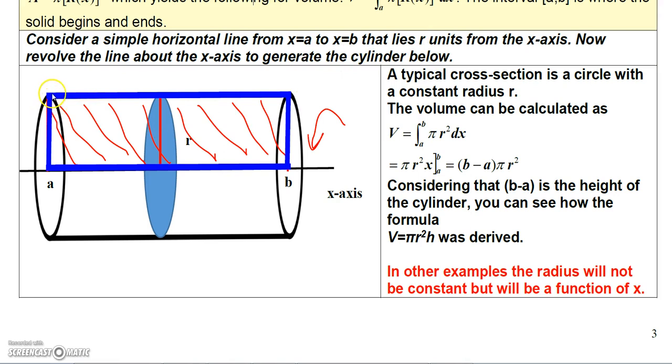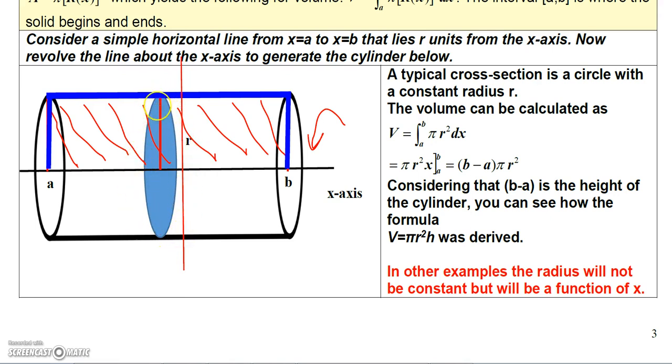So basically, I'm going to revolve that line. I really don't need this bottom region here. So I'm going to take that line and rotate it all the way around one time around the x-axis. Now, if you look at a particular cross section when you rotate, like if you were to cut it right here and looked at it from the end, you would actually see a circle.